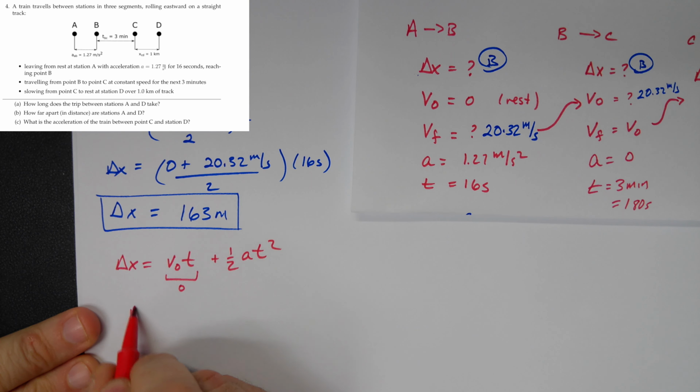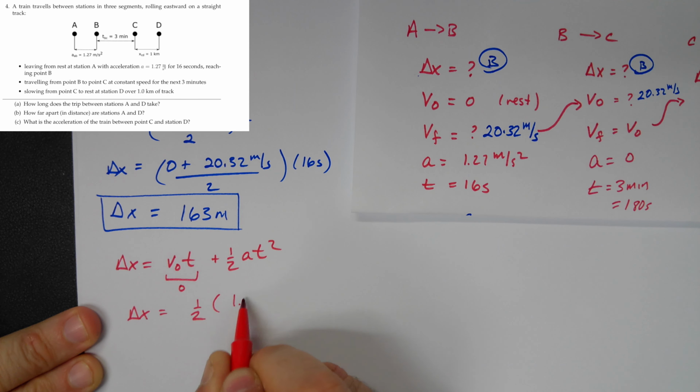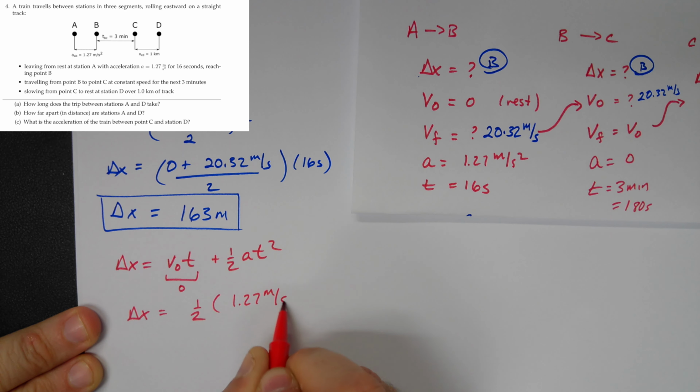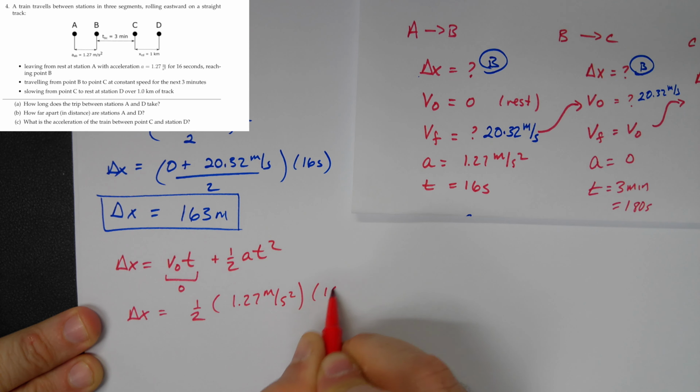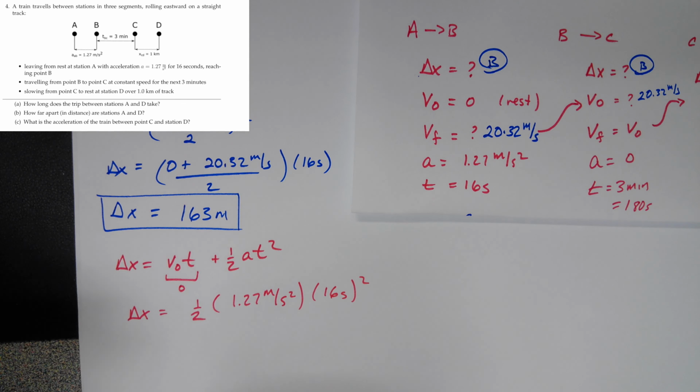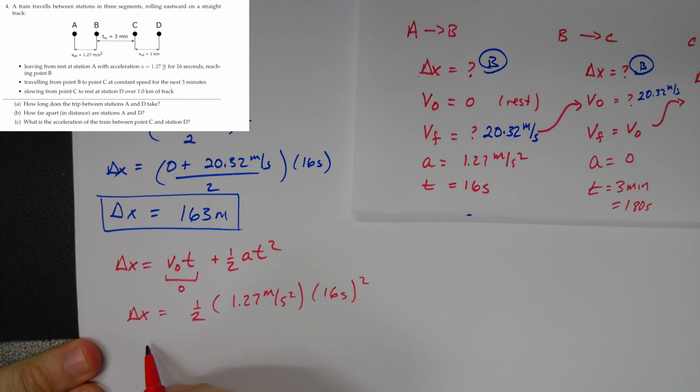And so we'll have delta x is 1/2 times our 1.27 meters per second squared times 16 seconds squared. We put that in the calculator, 0.5 times 1.27 times 16 squared. We'll get, again, 163 meters.